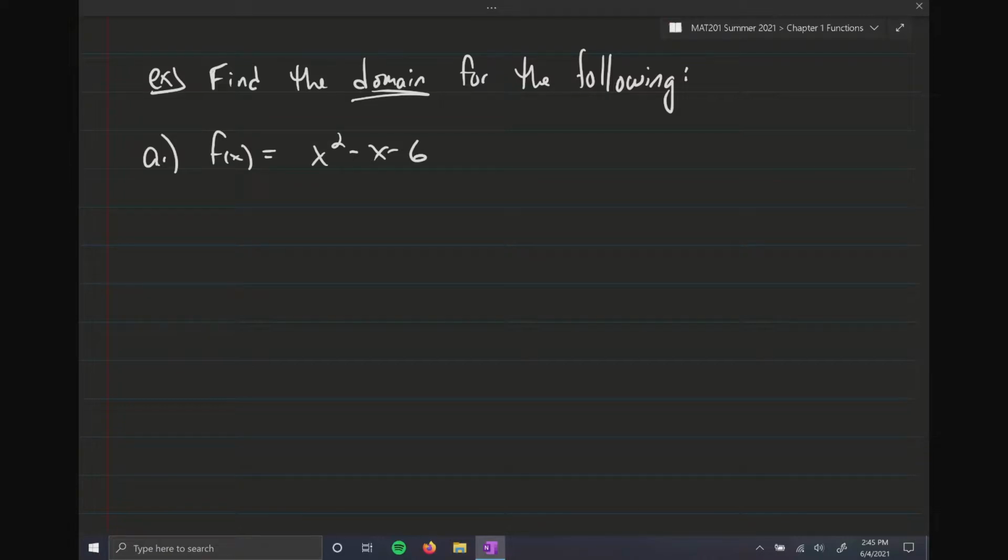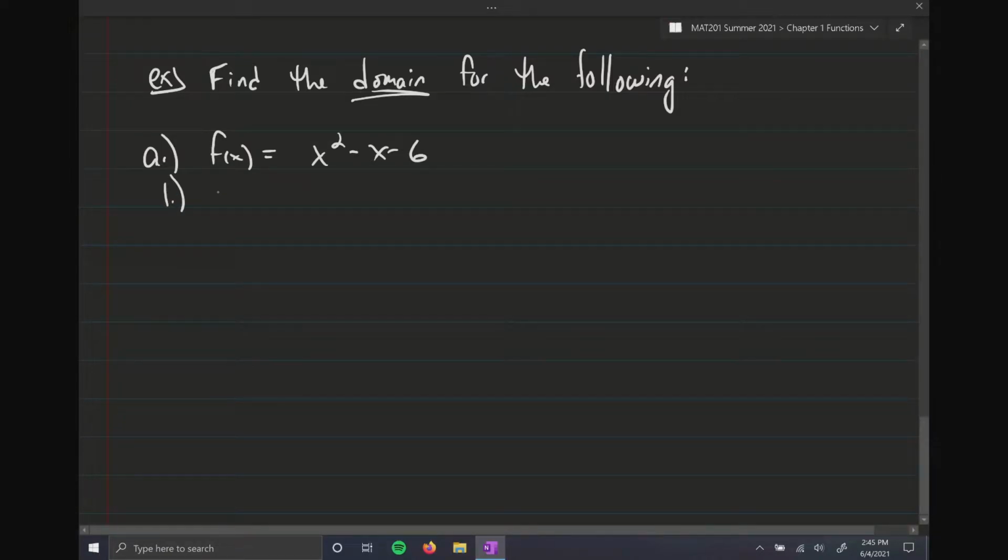So the first thing I always want to do is try to identify the type of function. That's my first step. With this, I have a polynomial.